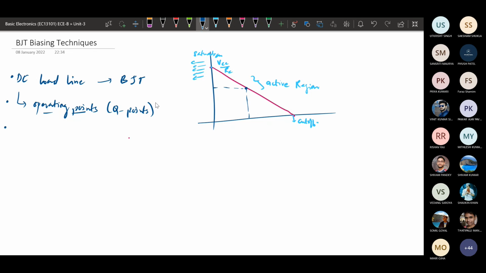Based on the operating point of the BJT, we will go with different biasing conditions in BJT circuits.